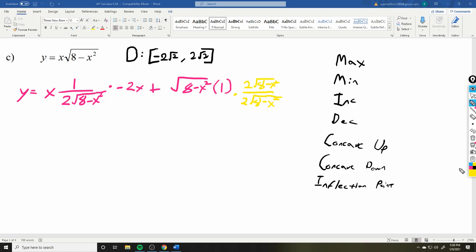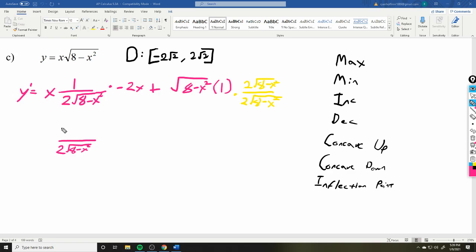Sorry, this is y prime. So that when I get the final answer for that first derivative, it's all going to be under one fraction. So we're all over 2 times the square root of 8 minus x squared. Well, here we have an x times a negative 2x.